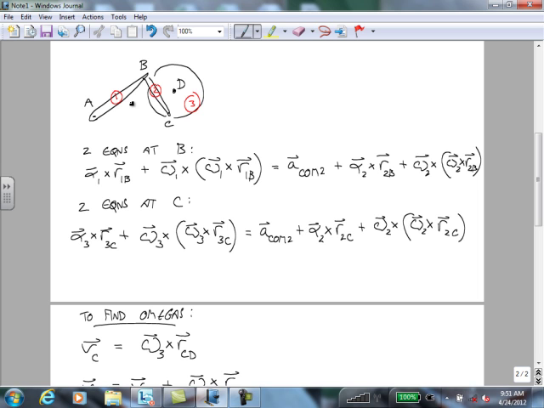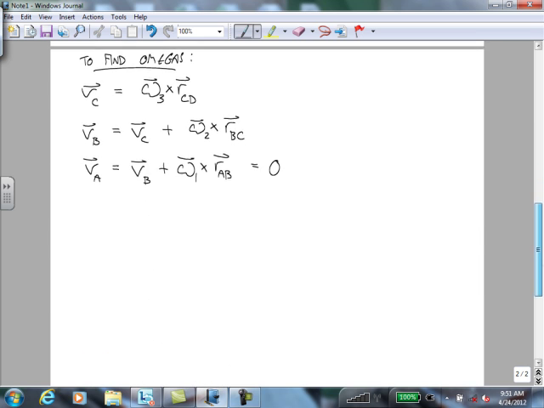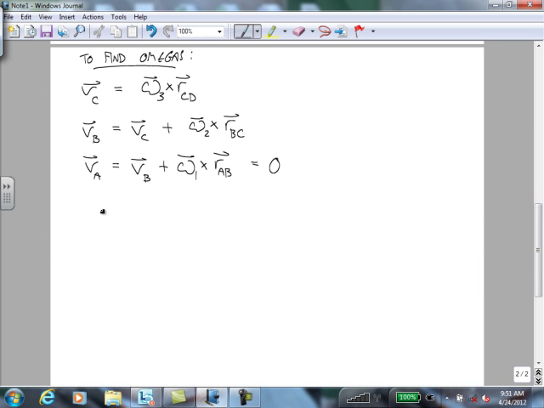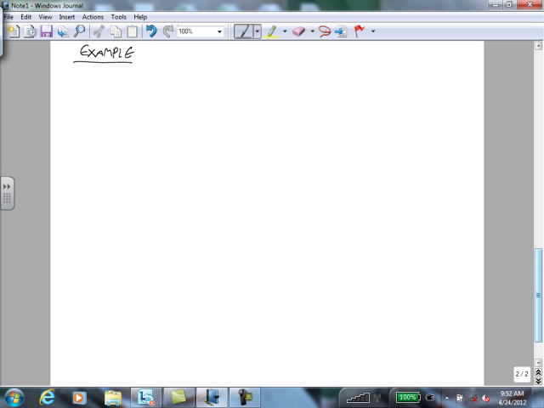So here's the example that I'd like to work on first. I think I drew these at the end of class last time. So you have this plate that's rotating about these hinges.